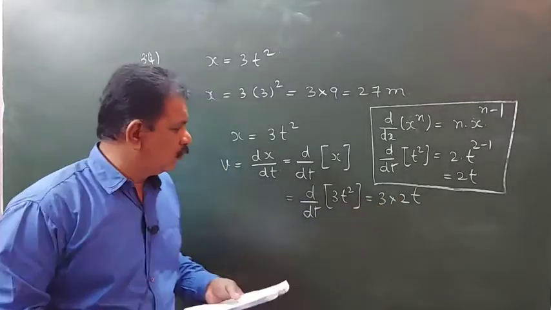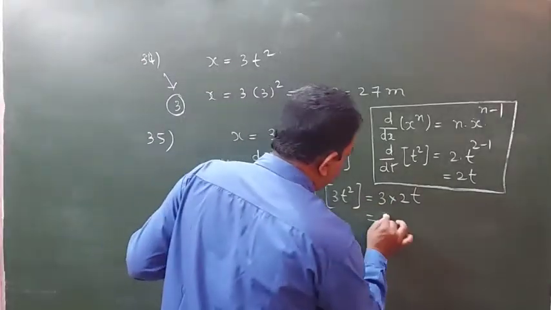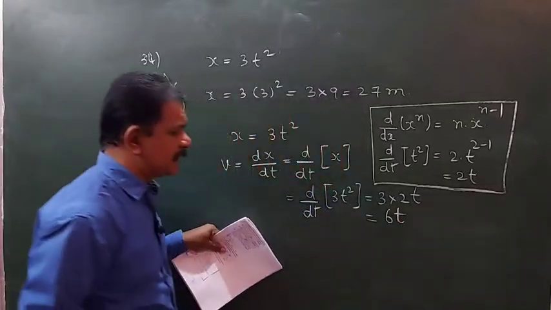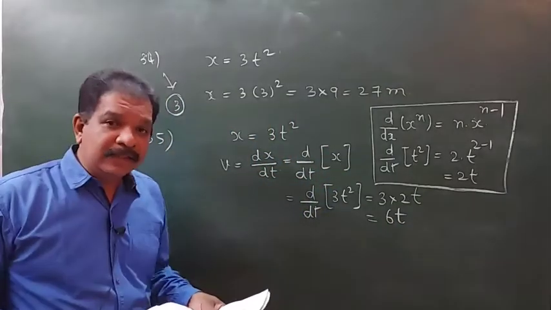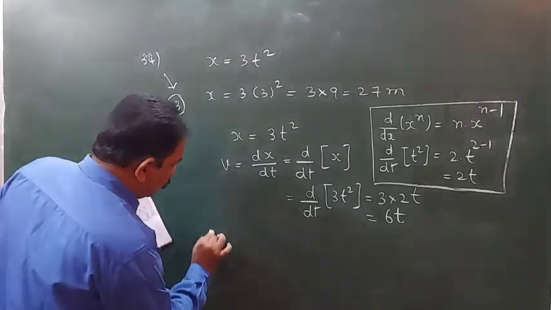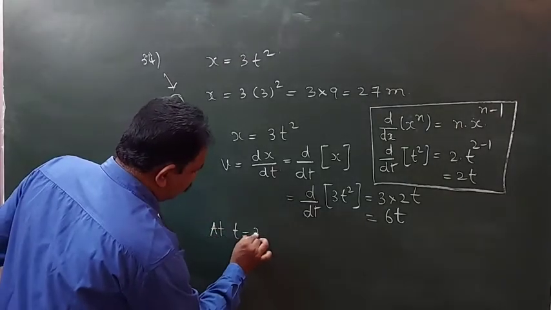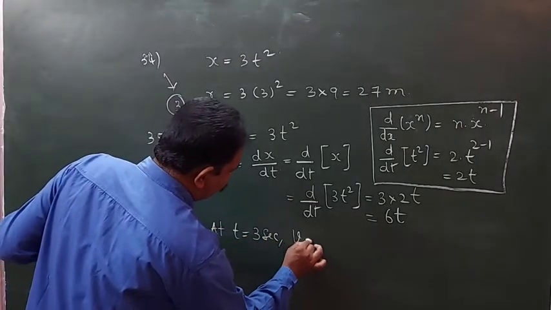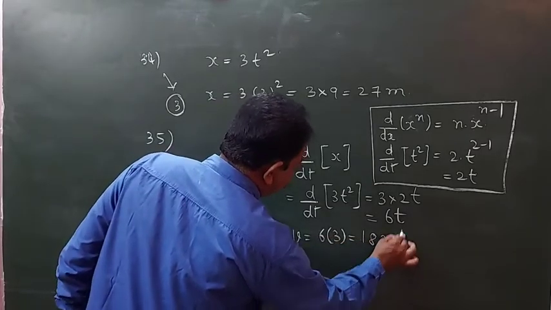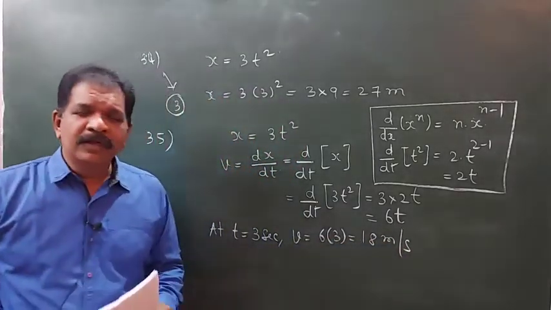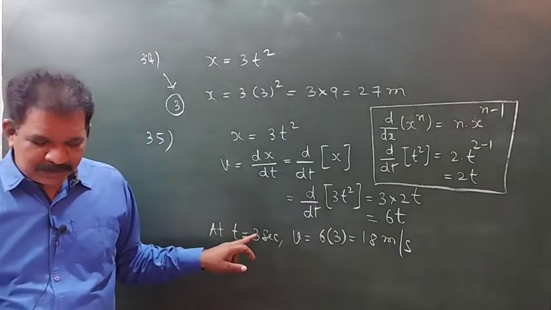So 3 into 2t is equal to 6t. At t is equal to how much? 3 seconds they are asking. At t is equal to 3 seconds, v is equal to 6 into 3, this value 18 meter per second.